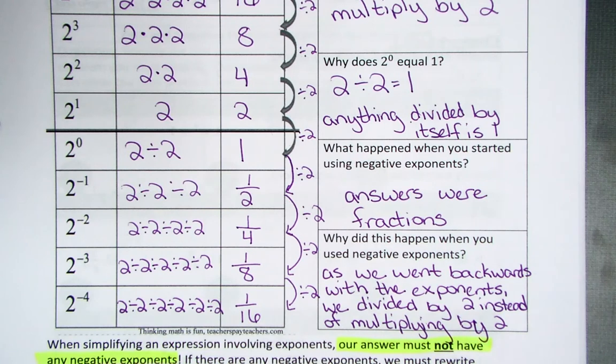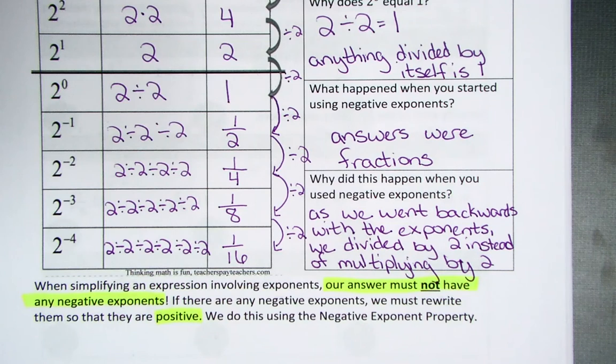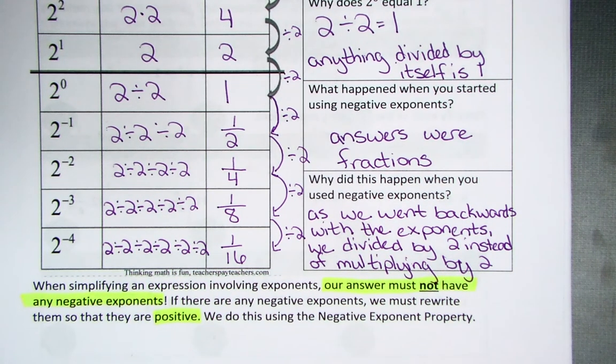Now it stands to be said here that when we are asked to simplify an expression that has exponents, we have to always get rid of any negative exponents. If there are any negative exponents, we have to actually rewrite them so that they are positive. And the process of doing that is called using the negative exponent property.